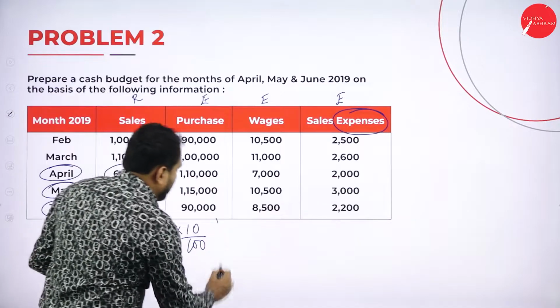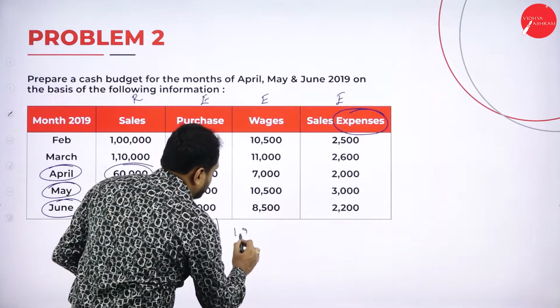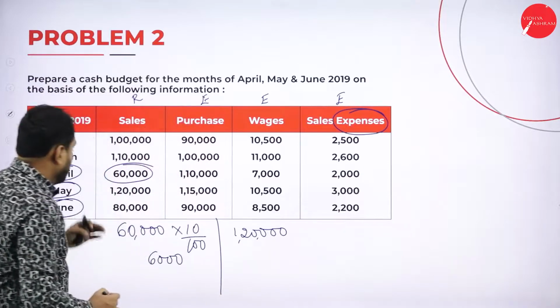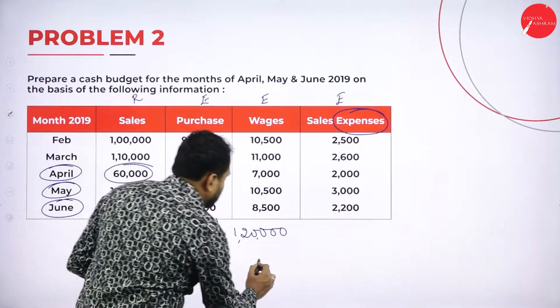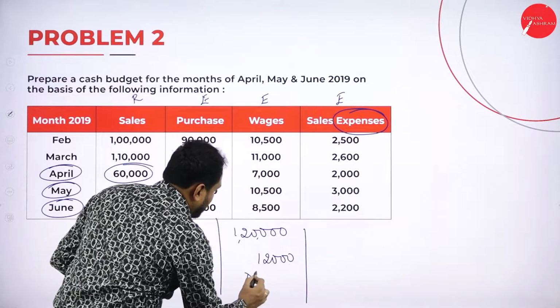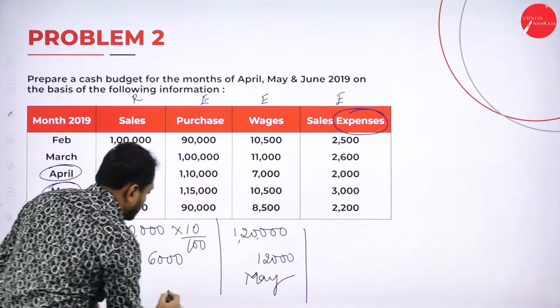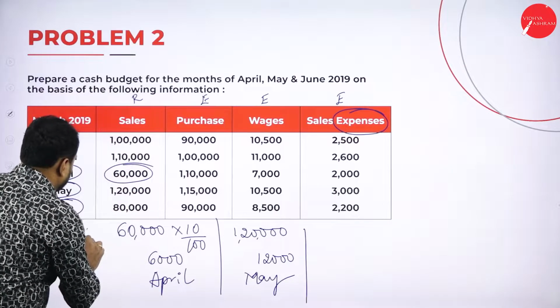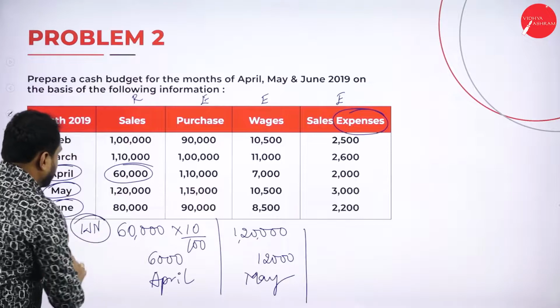Now next is May. May is 1,20,000. Again 10% I should go with, that is 12,000. This is May, this is April. All these are working notes.